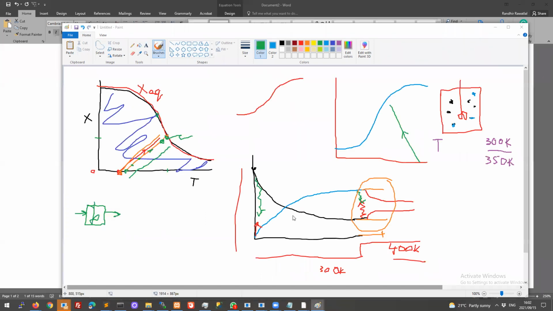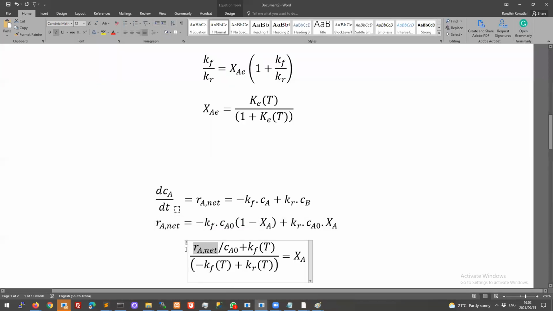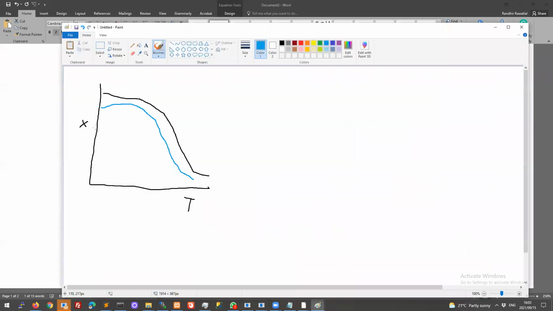And then if we take progressively bigger R_A net values, so we slowly increase R_A net, then that will define yet more lines for us. So there might be another line here, and so on. In fact, what actually happens is you find that the peak shifts around. And again, do this as an exercise.